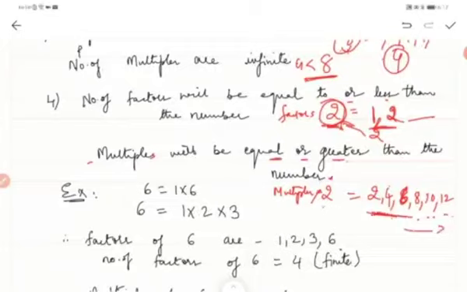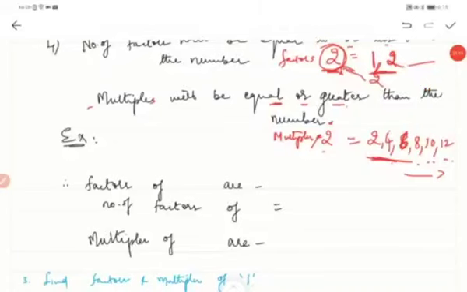I will take one more number as an example and explain the properties, and then we can stop. If I take the number 8, what are the factors of 8? 1 is a factor of any number, all the numbers. 1 and itself, which is 8. We can take 8 at the end. Just go and check it. 8 will come in the 2 table. Yes, 2 fours are 8, right?